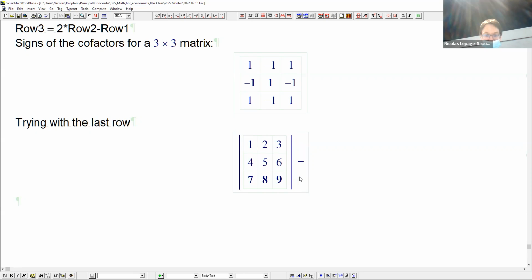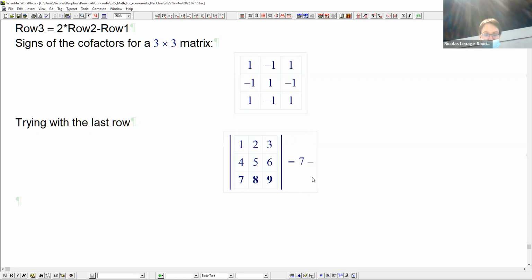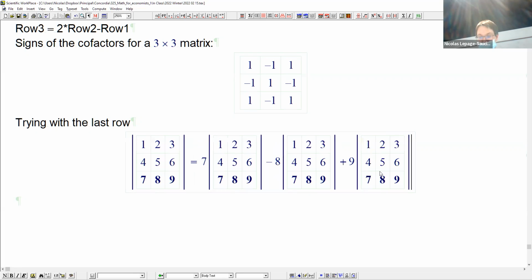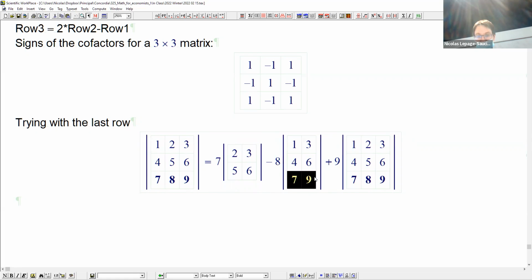So I would get 7 times 7 minus 8 plus 9 times this. Here I remove this and this. Here I remove this and this.